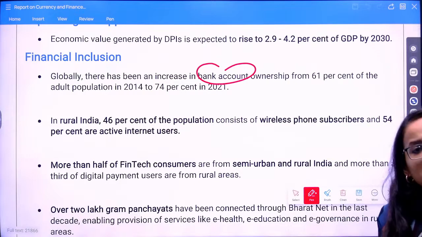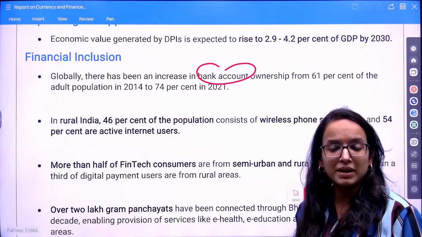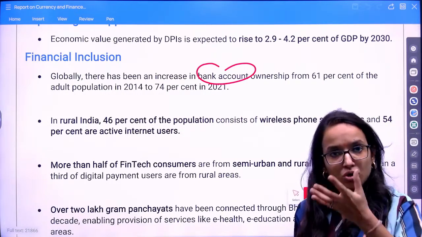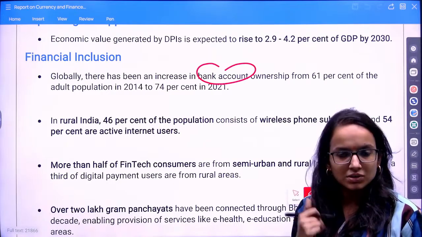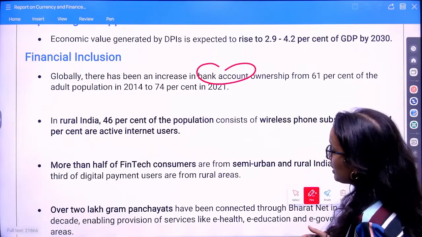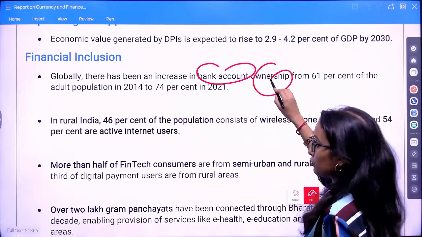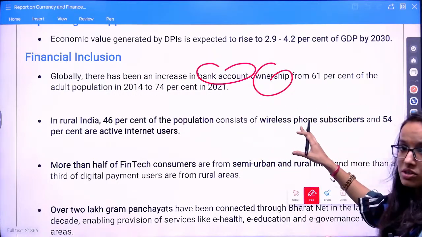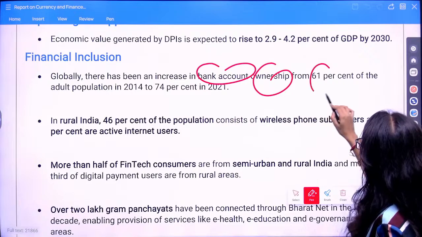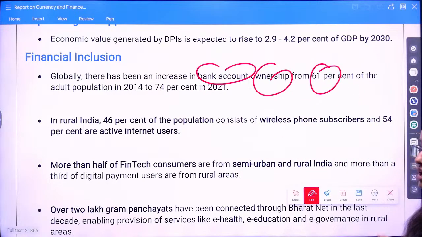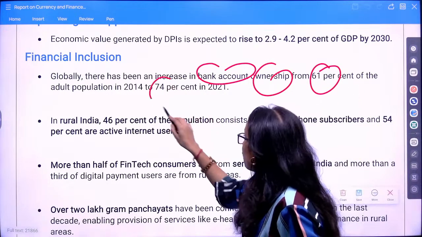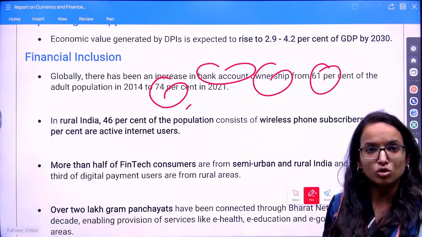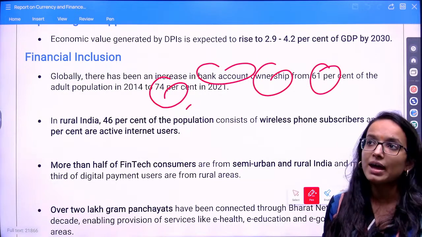So banking penetration, deposit penetration, insurance penetration, bank branch penetration, all these are the indicators of rising financial inclusion. Globally, there has been an increase in bank account ownership, not only in case of India. Bank account ownership has increased from 61% of the adult population in 2014 to 74% in 2021. So globally, there is financial inclusion happening, right?